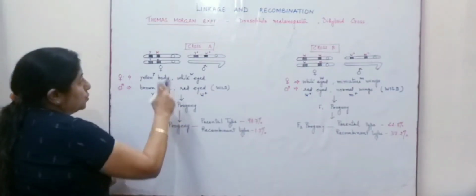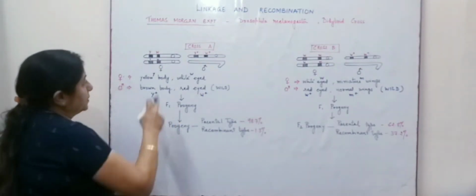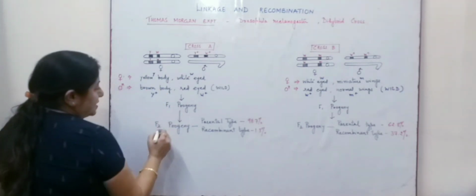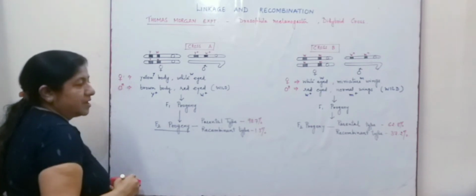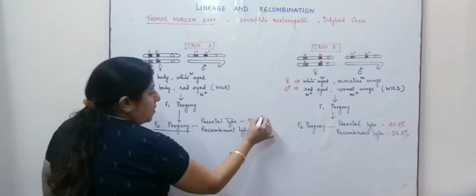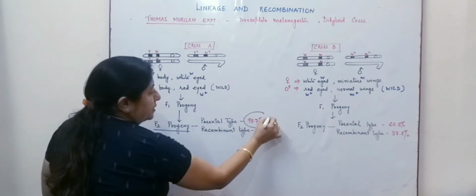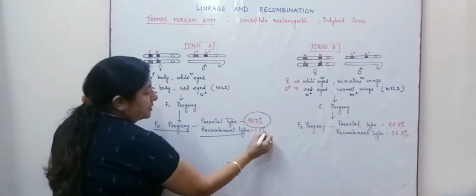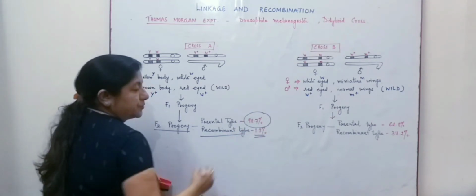When these two were crossed with the traits, it was found that the F2 progeny resulted in the parental type with 98.7%, whereas the recombinant type was only 1.3%.